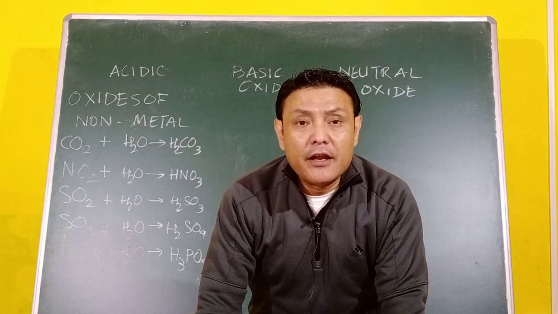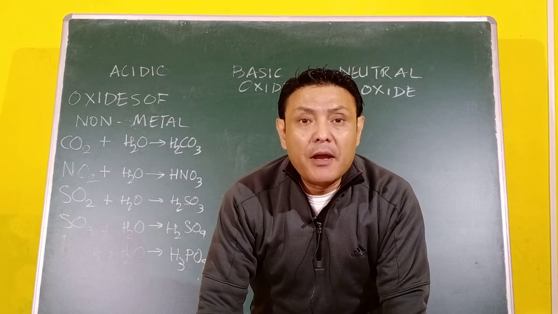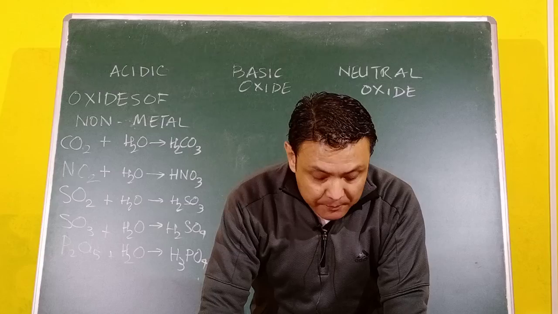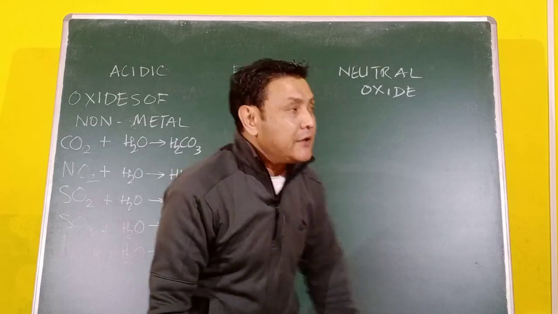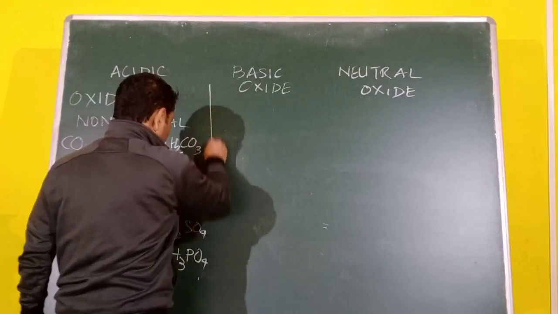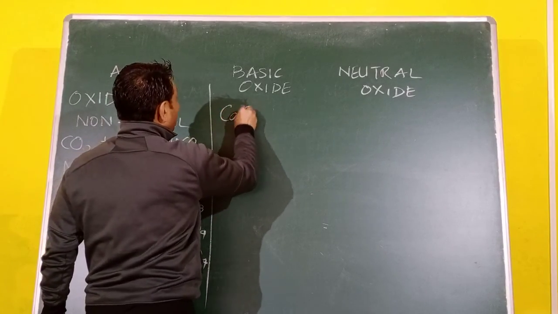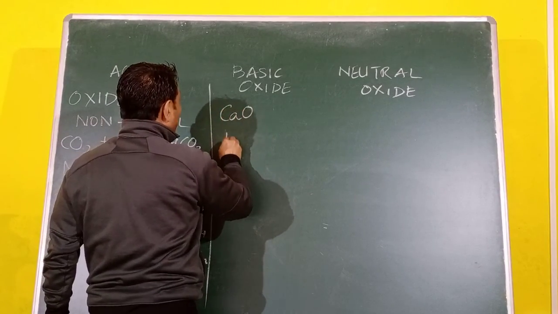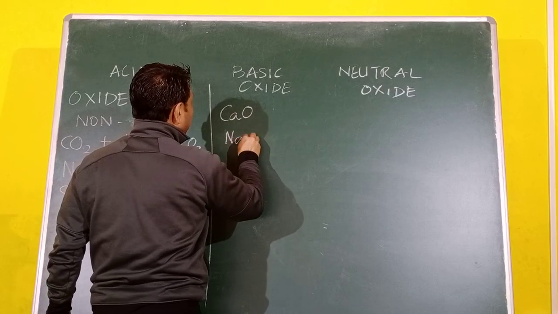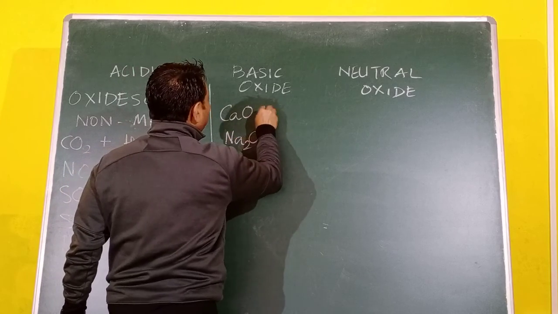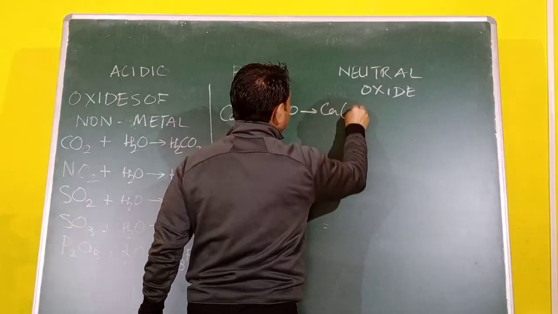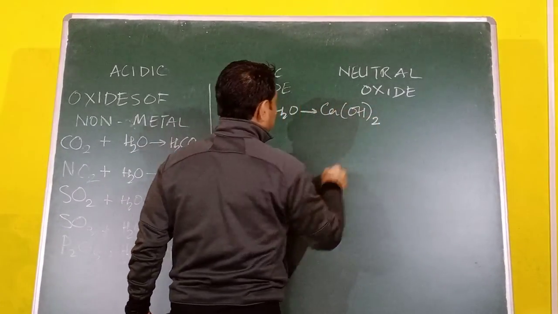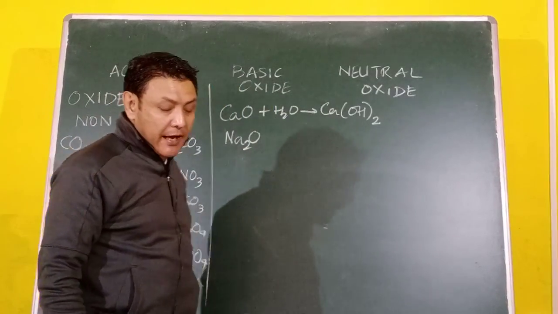Next we come to basic oxide. Basic oxides are usually the oxides of metals. Oxides of metals are basic in nature, because if you dissolve, for example, calcium oxide in water, we get a base, calcium hydroxide, Ca(OH)2.